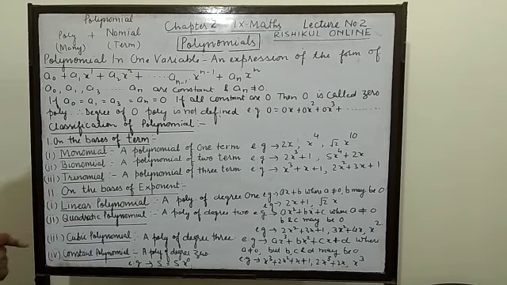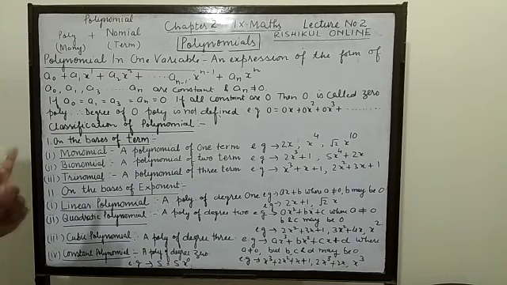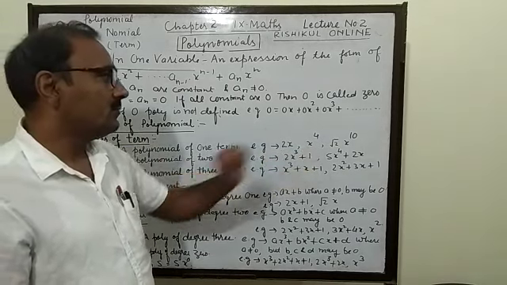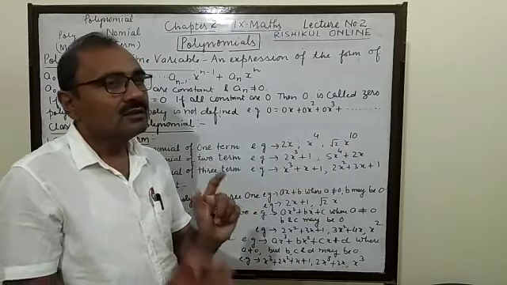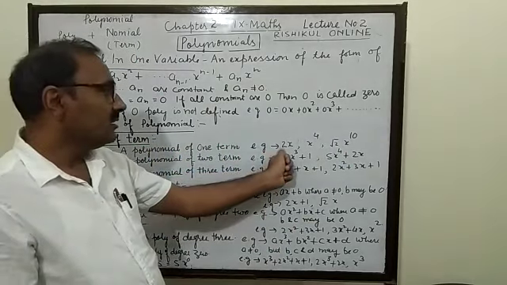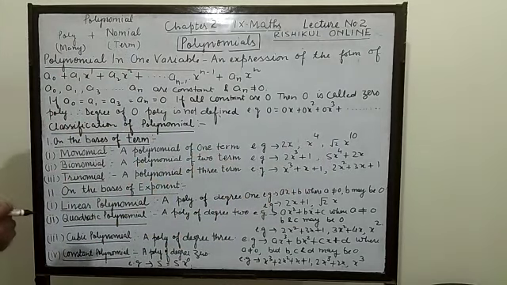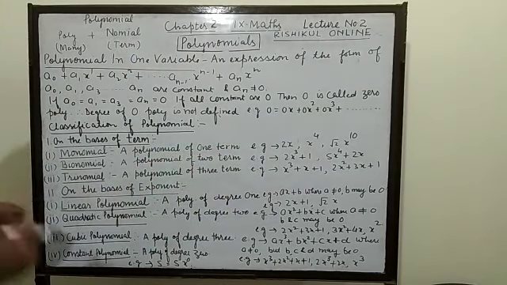On the basis of terms, monomial: a polynomial of one term, for example 2x to the power 4, or root 2 x to the power 10. It means the power may be any, but it has one term. A polynomial of one term is called a monomial.